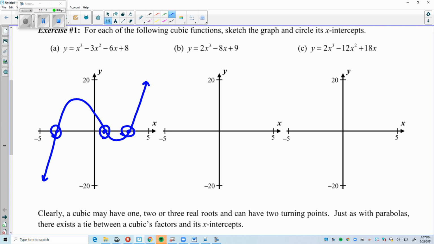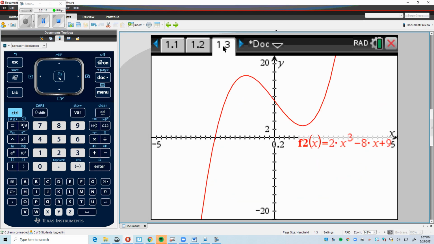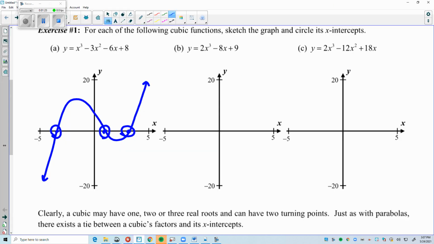Okay, another cubic graph that we have, so our second one. Now, notice, same kind of graph, only this time we have one x-intercept. Okay, so different idea, it just crossed the x-axis once, turns back down and goes up. So there's your x-intercept.